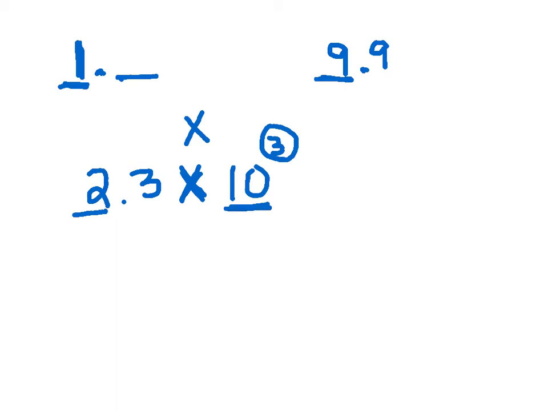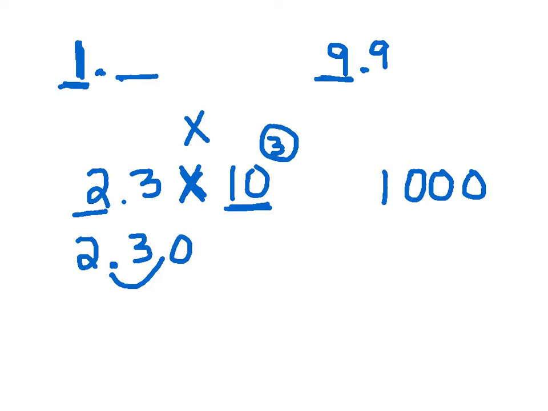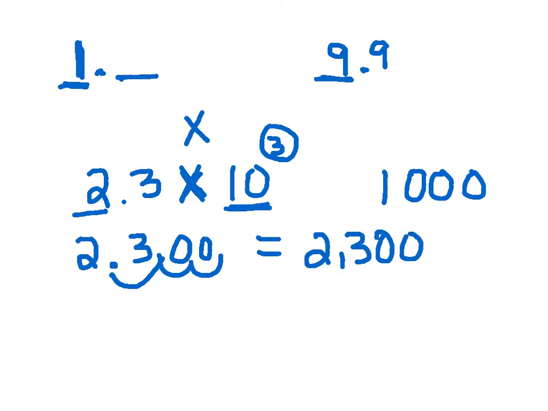Now, as we saw before, this is the same thing as a 1 with 3 zeros. So the number that this scientific notation represents is 2.3. I move it over one place. I still have 2 to go. Or 2,300.